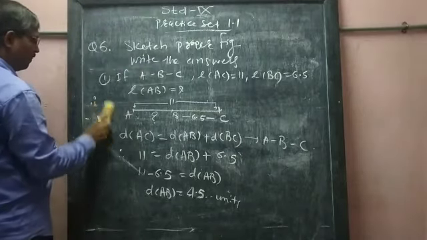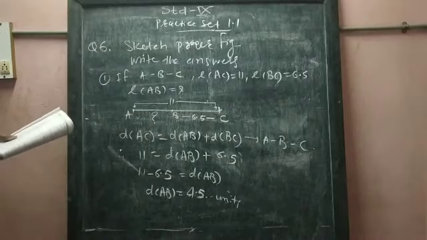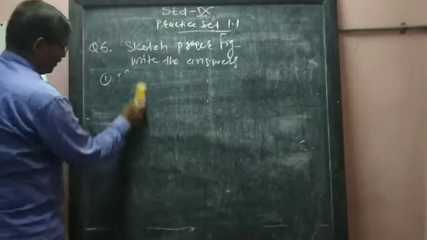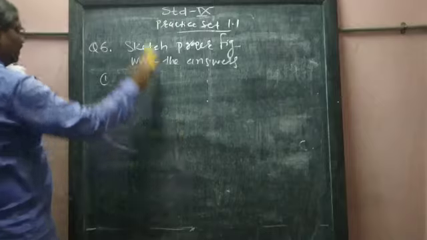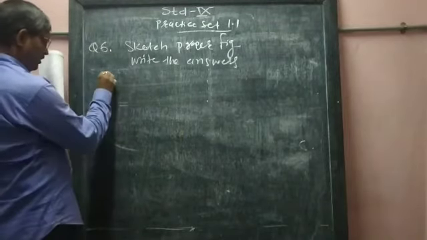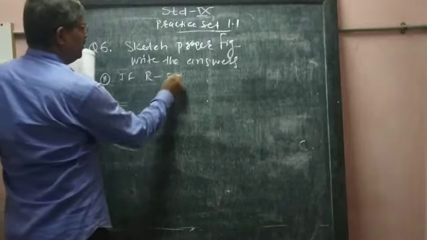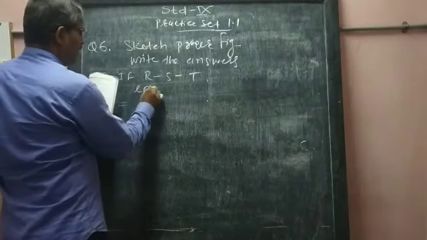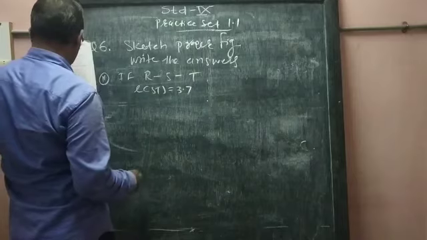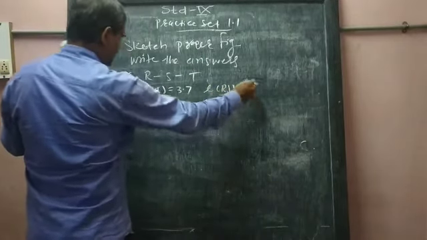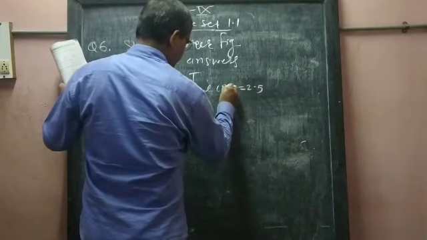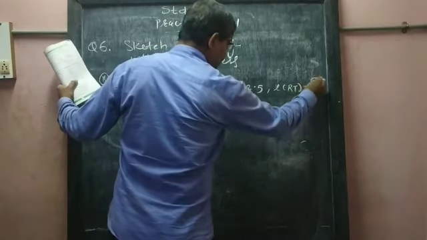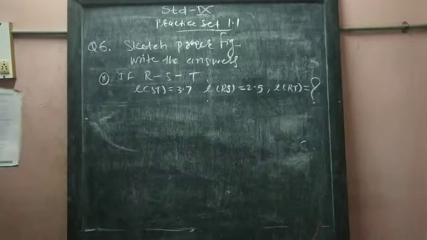Now next question of the same kind. Second question: if R is between S and T, ST is given 3.7, the length of RS is given 2.5, and the length of RT is equal to question mark.